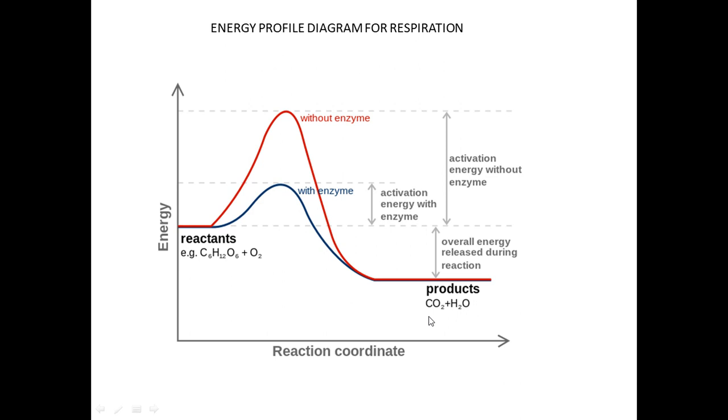For us to form the carbon dioxide and water, there must be bond breaking of the glucose and the oxygen. So glucose must be able to attain some amount of energy that will be enough to break all the bonds in here in order to form the carbon dioxide and water. And that minimum attainable energy for the bond breaking is what we call the activation energy.